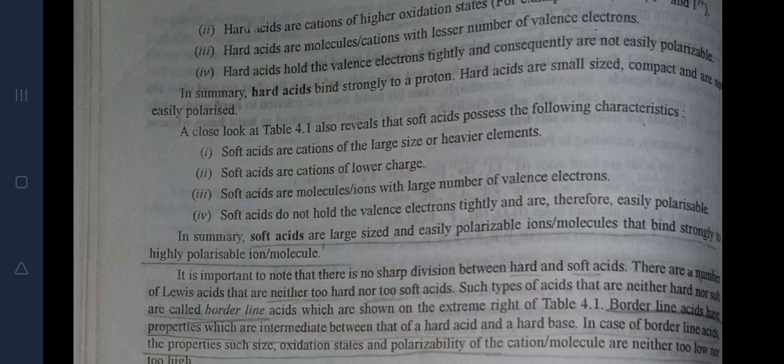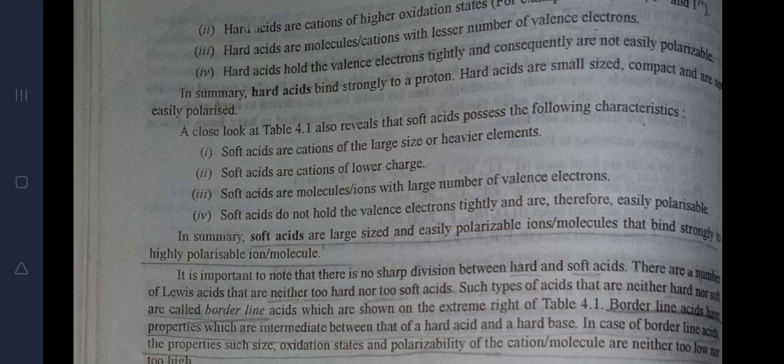There are a number of Lewis acids that are neither too hard nor too soft. Such acids that are neither hard nor soft are called borderline acids.